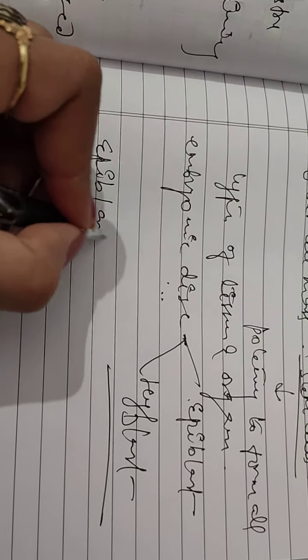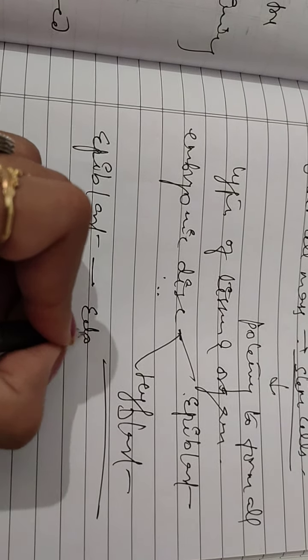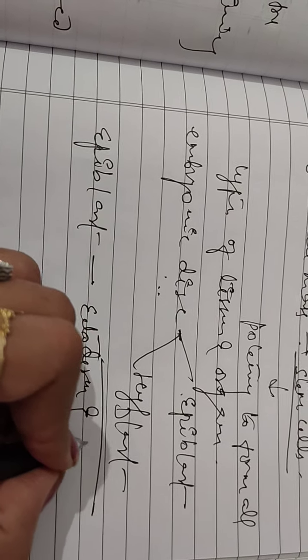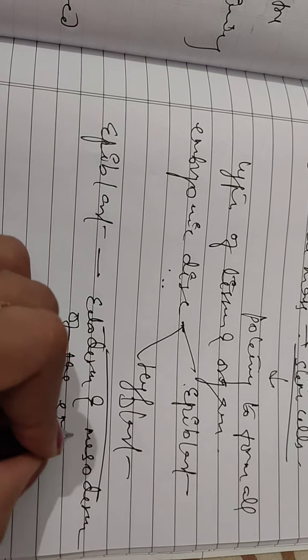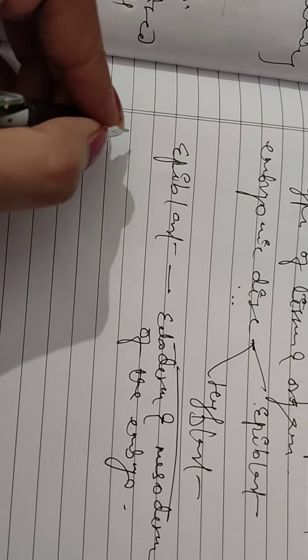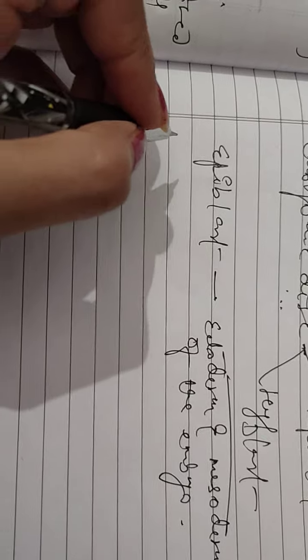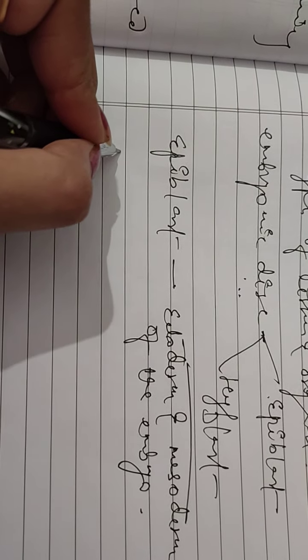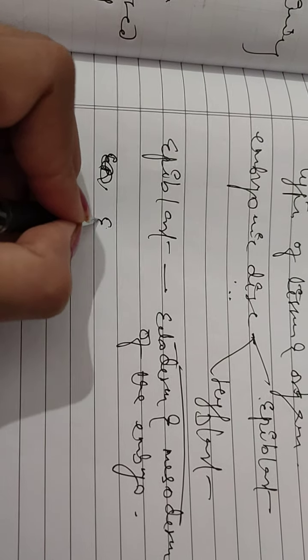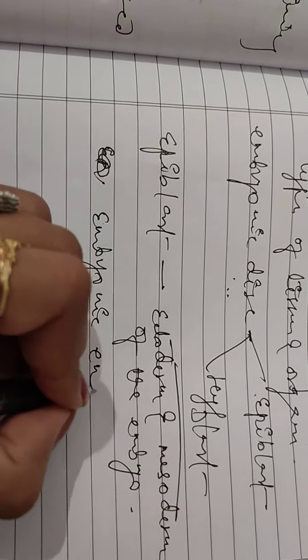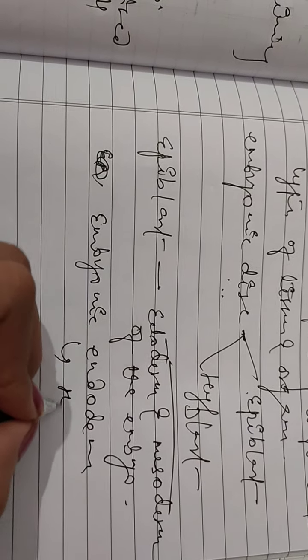The epiblast forms both the ectoderm and mesoderm of the embryo, while there is another layer known as endoderm, the embryonic endoderm, which is given by the hypoblast.